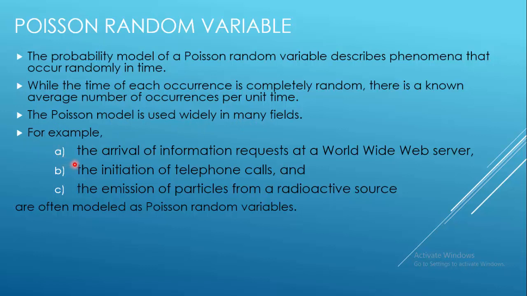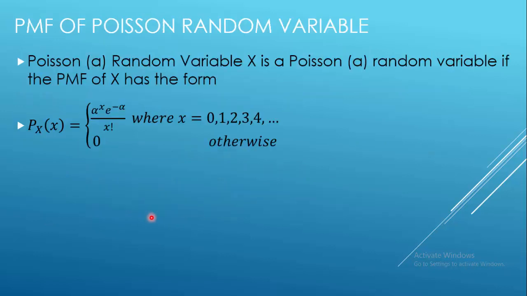For example, the arrival of information requests at a World Wide Web server or at any communication node, the initiation of telephone calls, and the emission of particles from a radioactive source are often modeled as Poisson random variables.